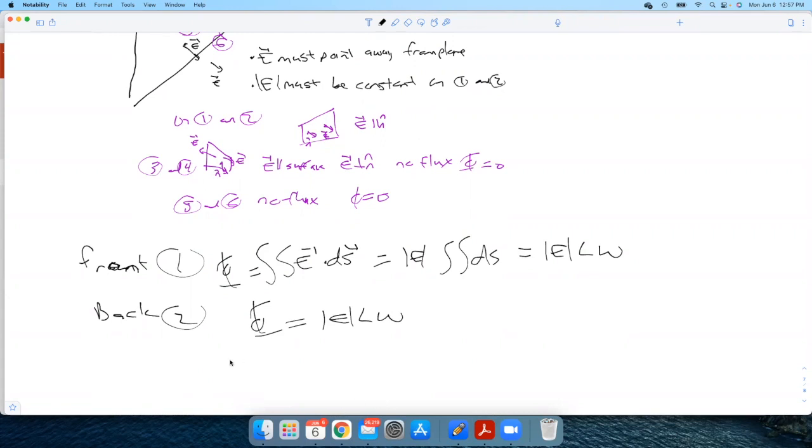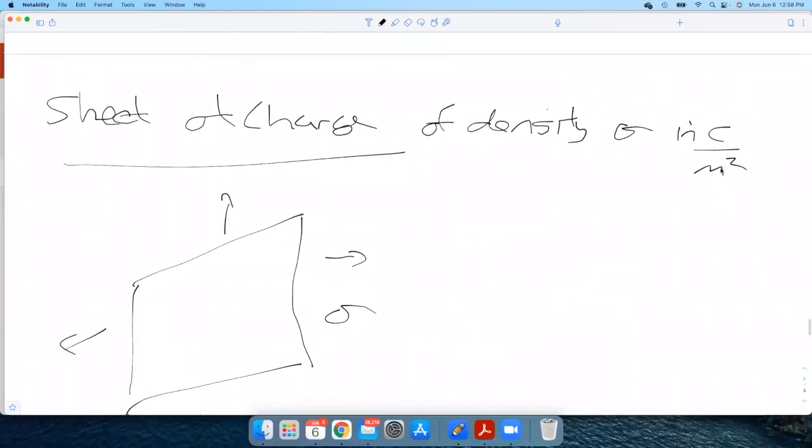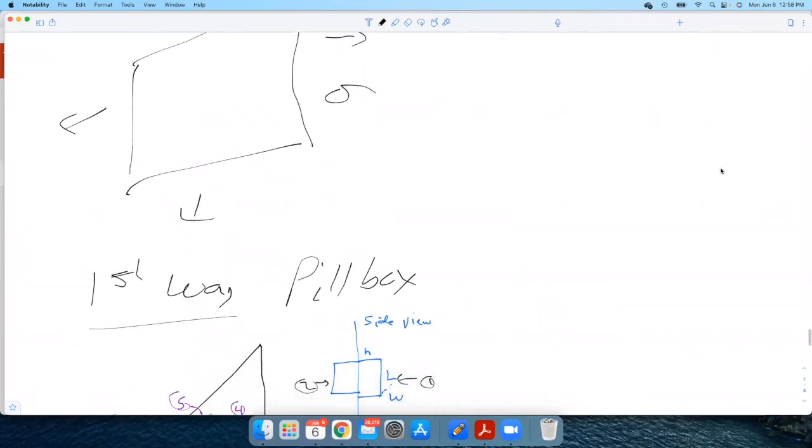Okay, what about charge enclosed? Charge enclosed is always some density times some kind of version of volume enclosed. And what do I mean by volume enclosed? That depends on the units of density. Density here was coulombs per square meter. So to make that coulombs, I've got to multiply by square meters.